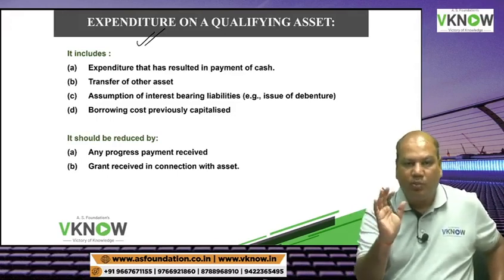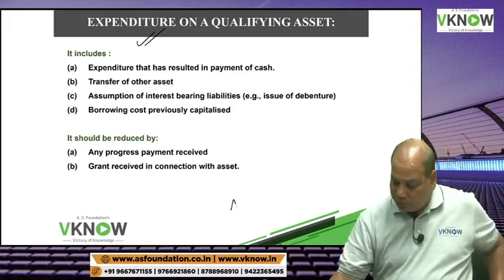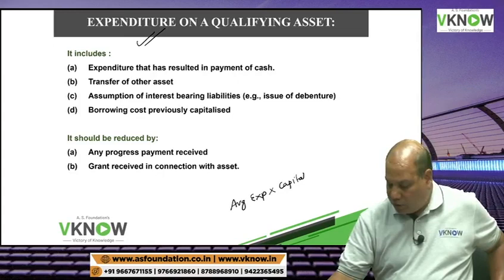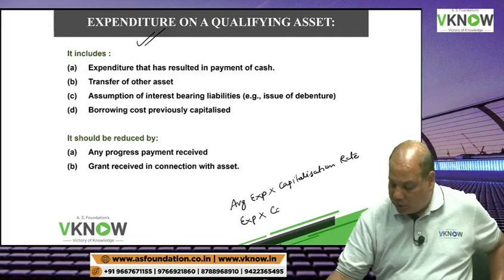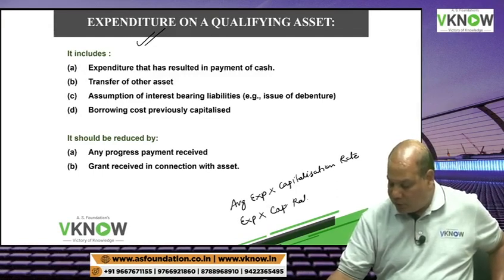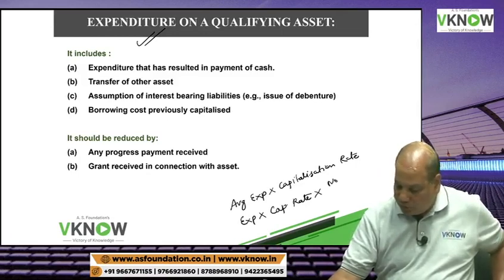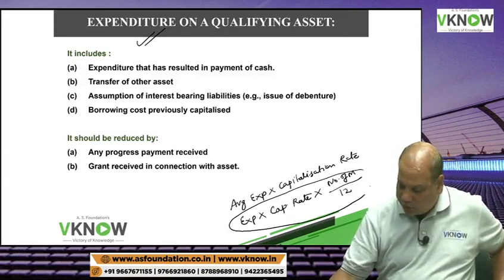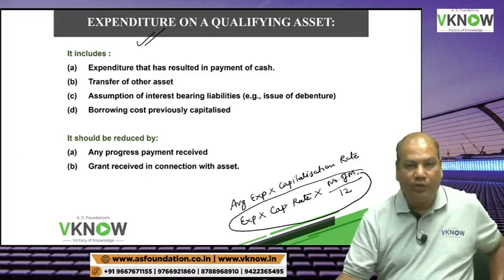Because we have solved about 6 or 7 questions, you have multiplied average expenditure into capitalization rate. Or you have used the formula expenditure into capitalization rate into number of months divided by 12. Either of the two formula you can use, both are same.